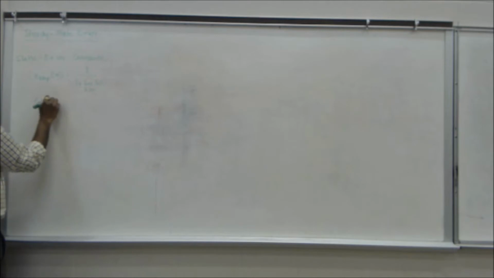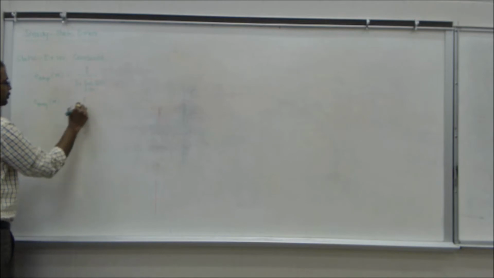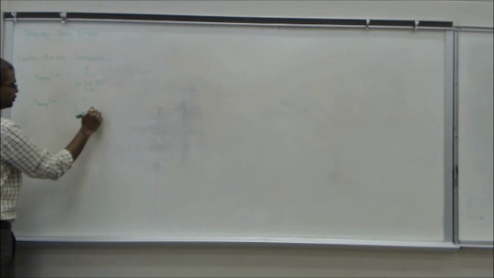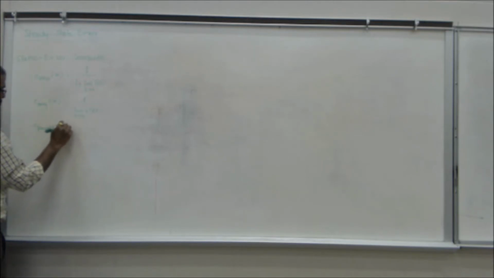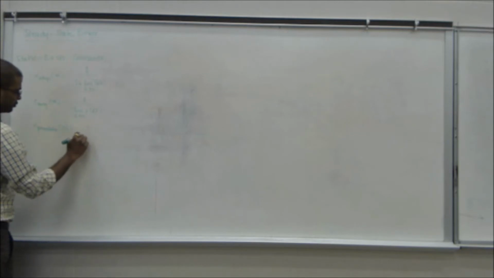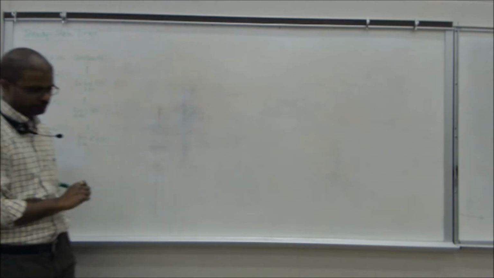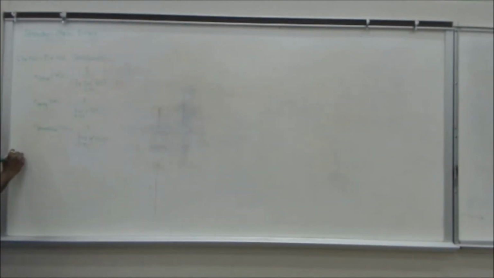And the steady state error for a ramp input is defined as 1 over the limit of s G(s) as s tends to 0.